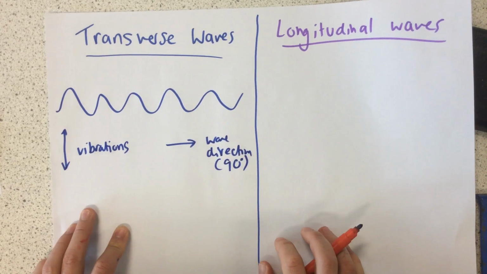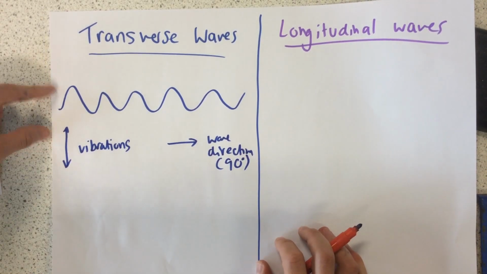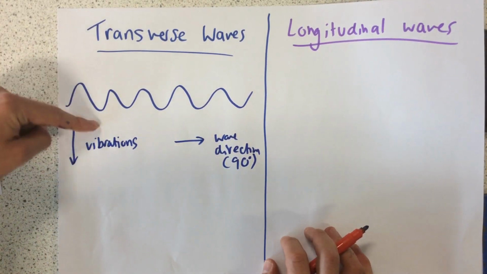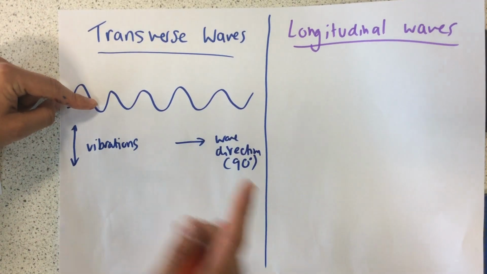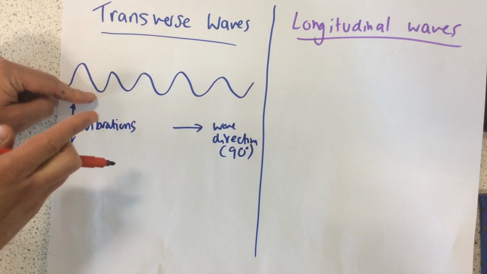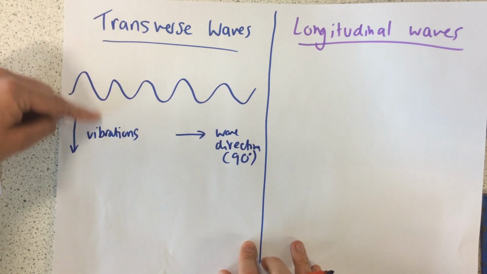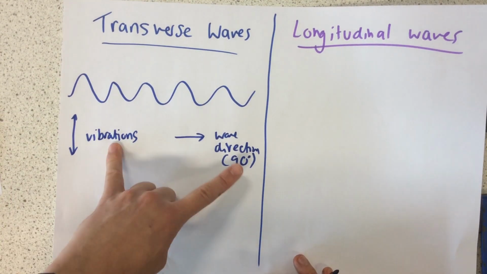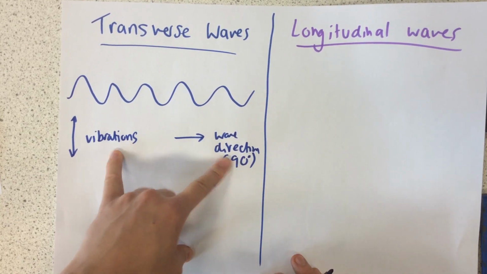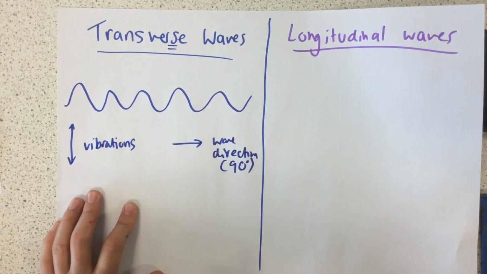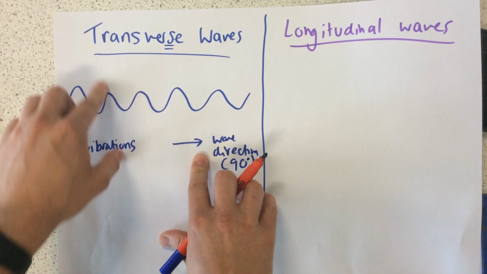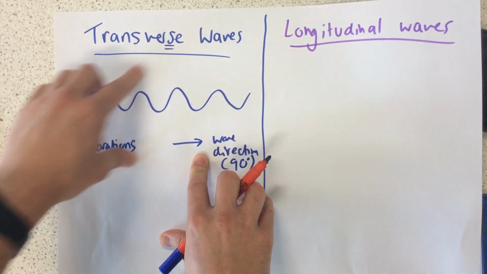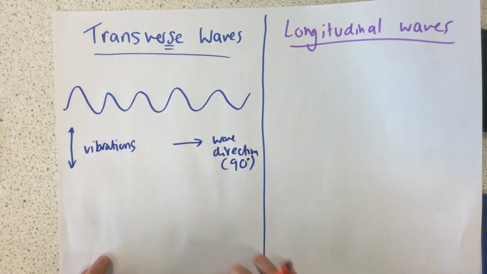This is one big distinction between these two. The vibration for this wave is going up and down, but the wave direction is travelling that way. The energy is being transferred in that direction there. So in a transverse wave, the vibrations are at 90 degrees to the wave direction. I remember transverse waves because they're the ones that look like they go from side to side. Transverse and side to side.